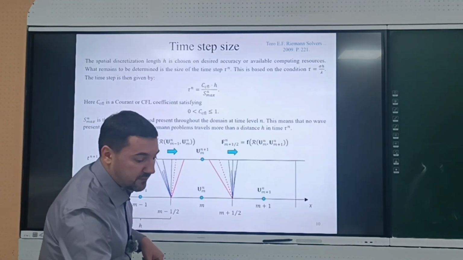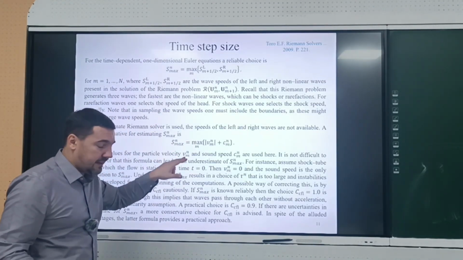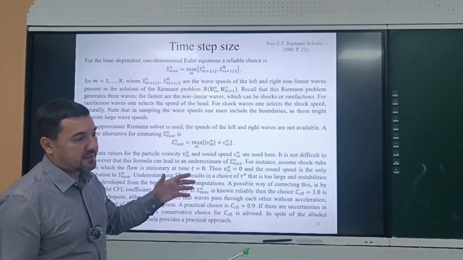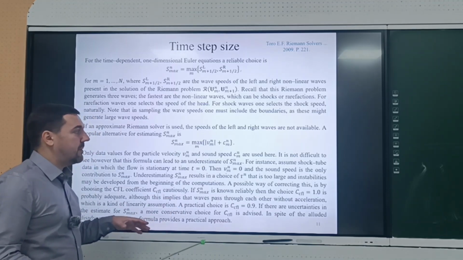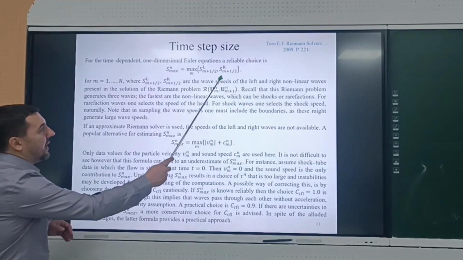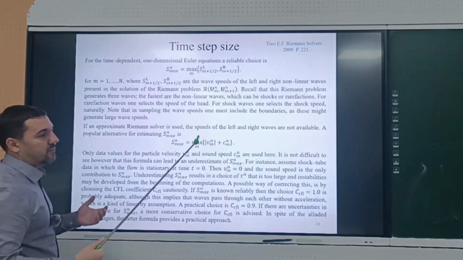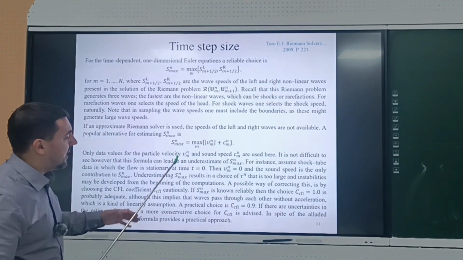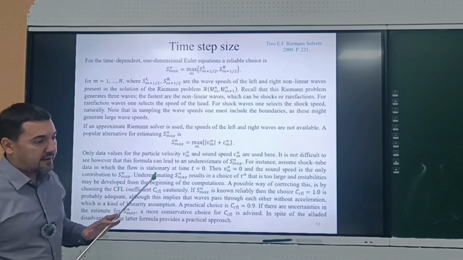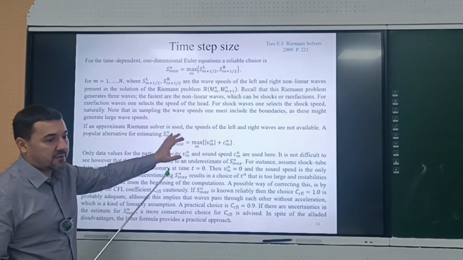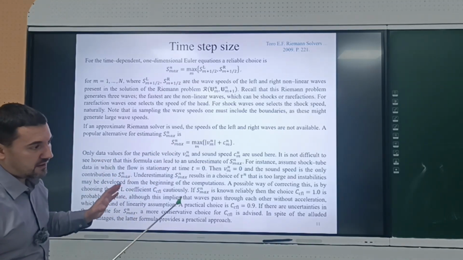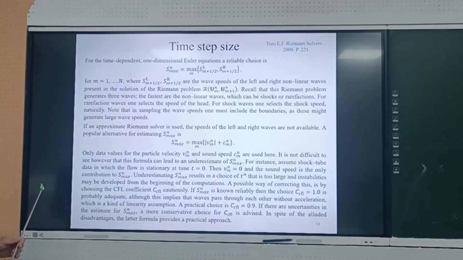So if you want to use this formula, then we should apply a safety factor such as 0.1 or 0.2 or something like that. If you apply the exact approach, maybe we can use a CFL parameter equal to 0.9. And if you use this approximate one, anyway, it's a reasonable approximation for S_n max, but we should apply the safety factor or CFL number.